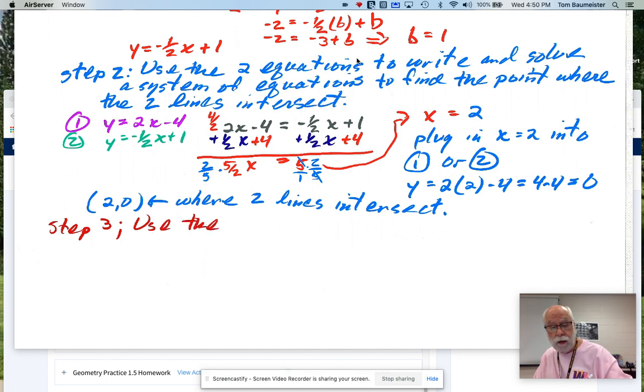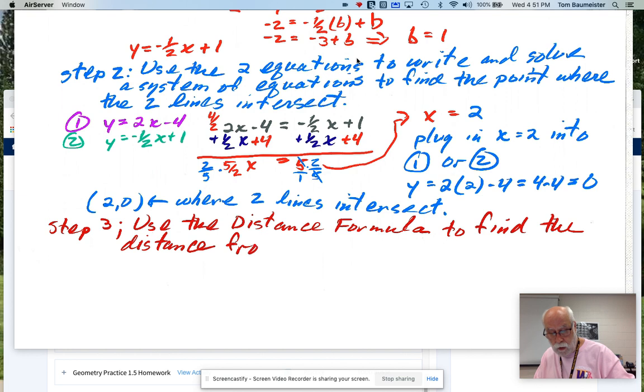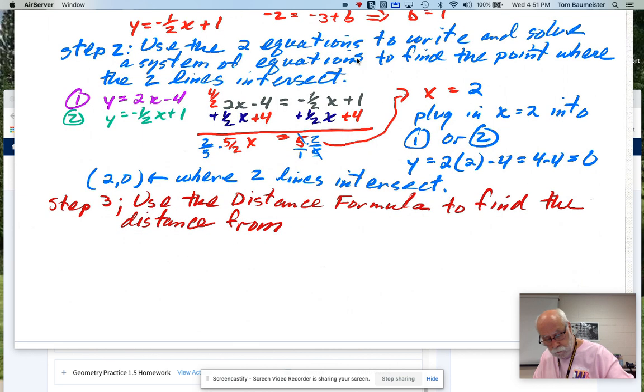Using the distance formula again to find the distance from 6 and negative 2, which was, again, up here, that was our original point, to our point we just found, which is 2 and 0.